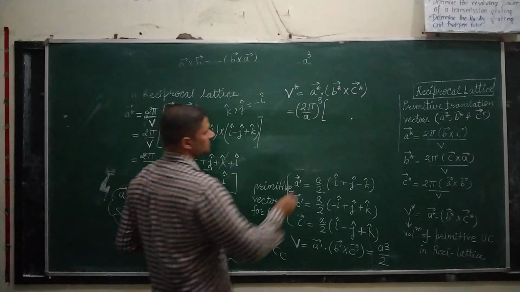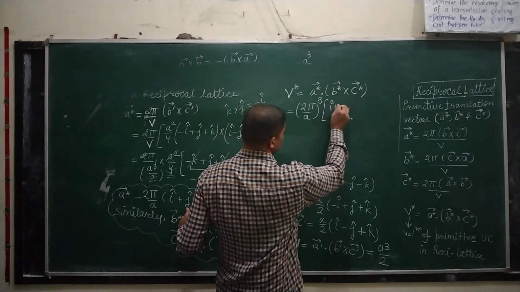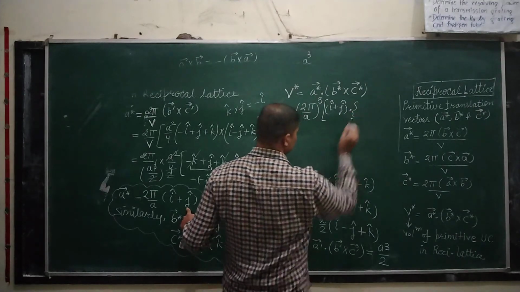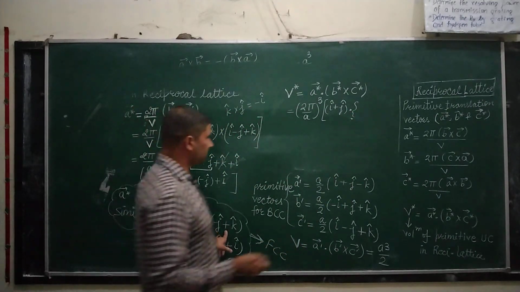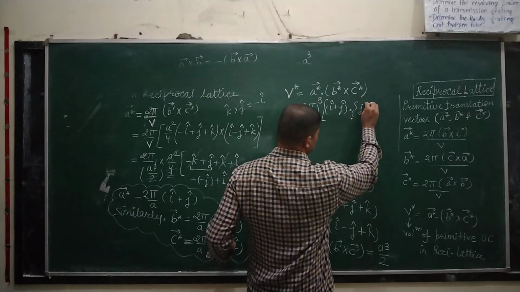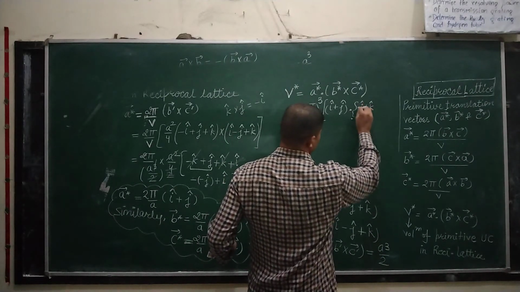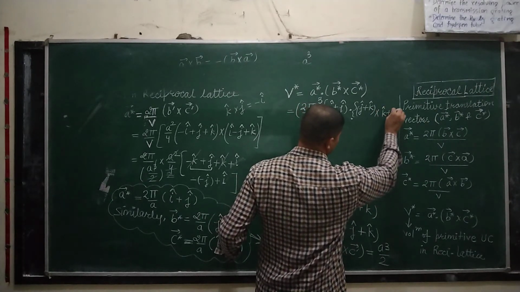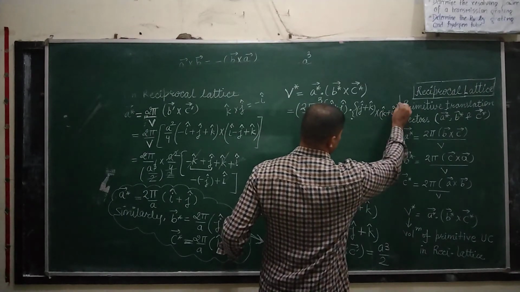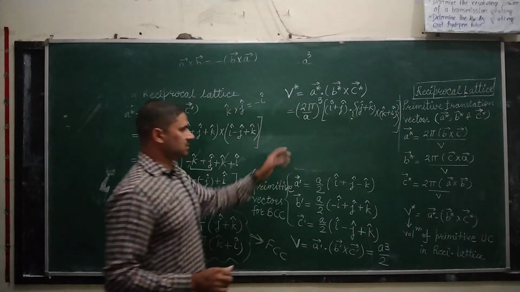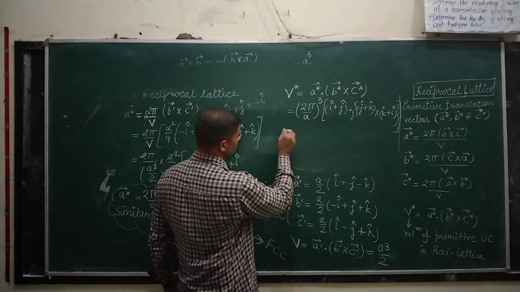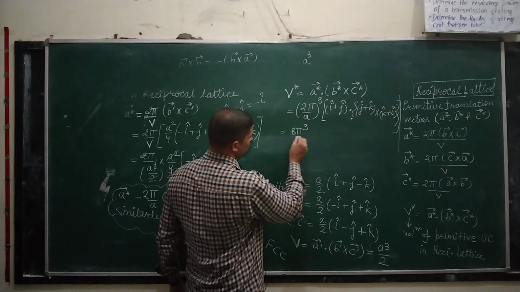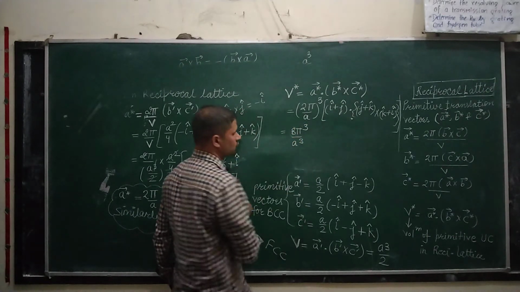Okay, and then you will write I plus j, vector I plus vector j, its dot with j plus k, and its cross with unit vector k plus unit vector I. Okay class, so in this way you can solve it, and you will get it to be 8 pi cube by A cube.